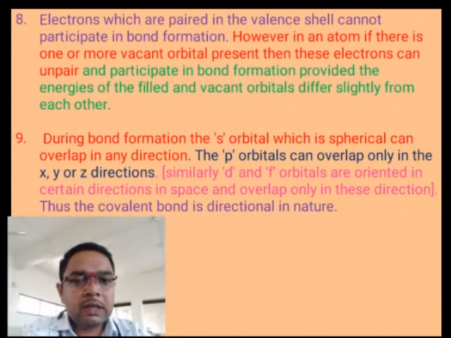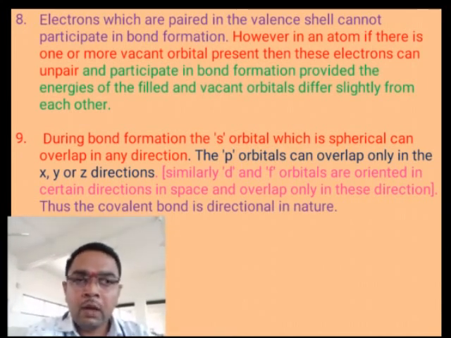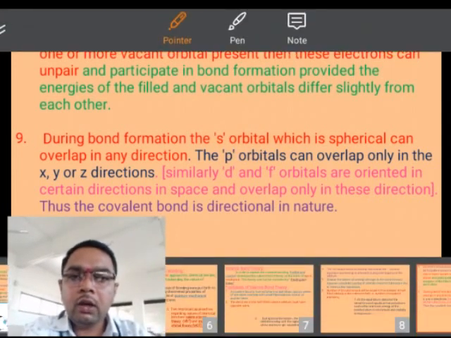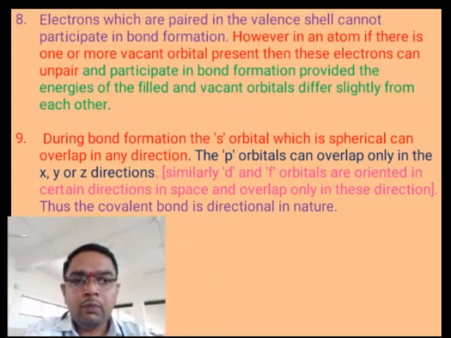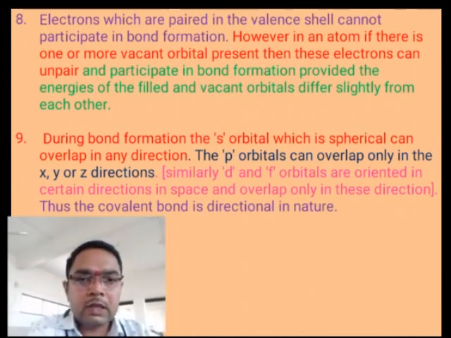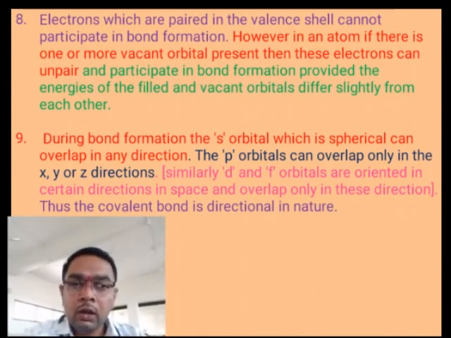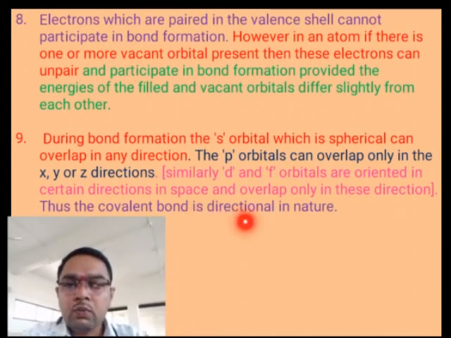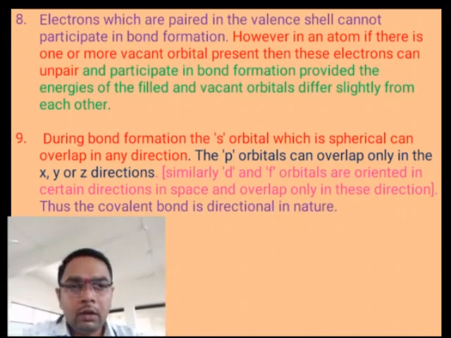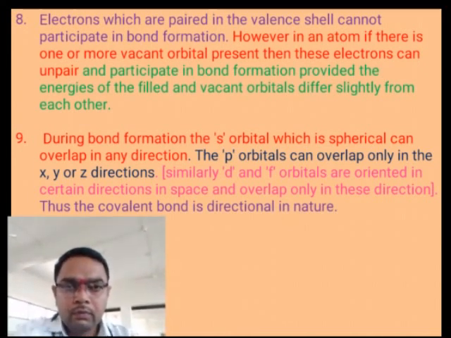Therefore, they are present in definite directions. When an s orbital overlaps with a p, d or f orbital, the bond is directional in nature. Their orbitals are present in a specific direction, thus the covalent bond formed in the molecules is directional in nature.